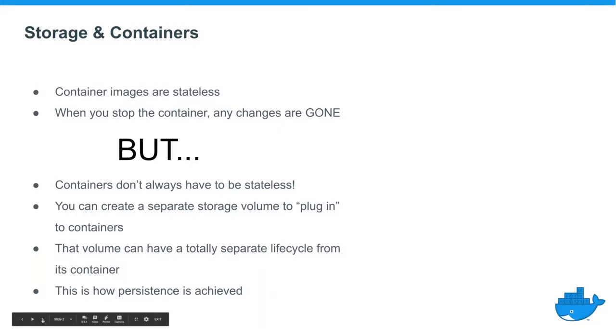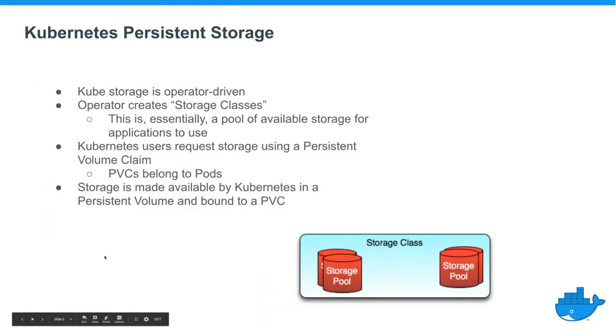So that being said, persistent storage in Kubernetes works the exact same way, only it's a little bit more involved. You don't just say at the command line docker volume create and then attach that volume to a container at runtime. You actually have to prepare things a little bit more in advance. So Kubernetes storage is operator driven, and what I mean by that is that the operators of your Kubernetes system will have to create a storage class.